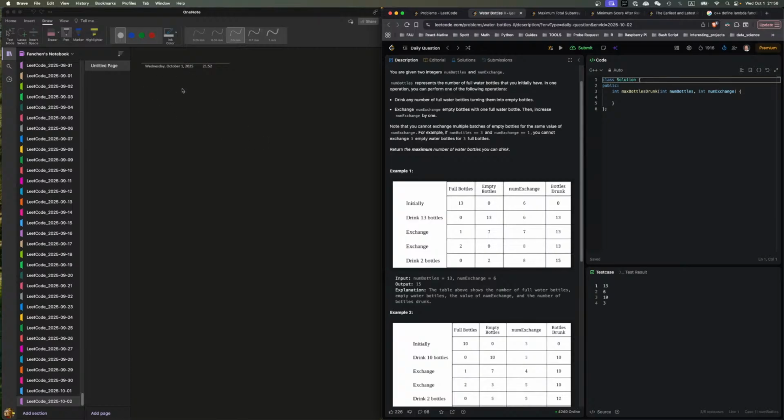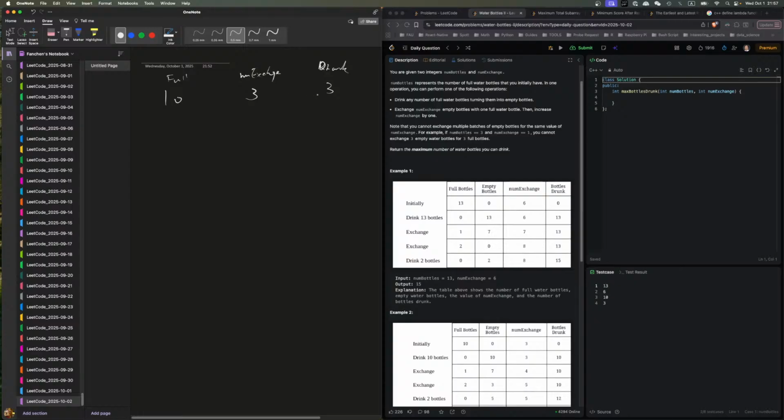So like if you have 10, right, and then numExchange is 3. So I can just drink 3, because it's 3. So this is full, this is numExchange, and this is drunk.